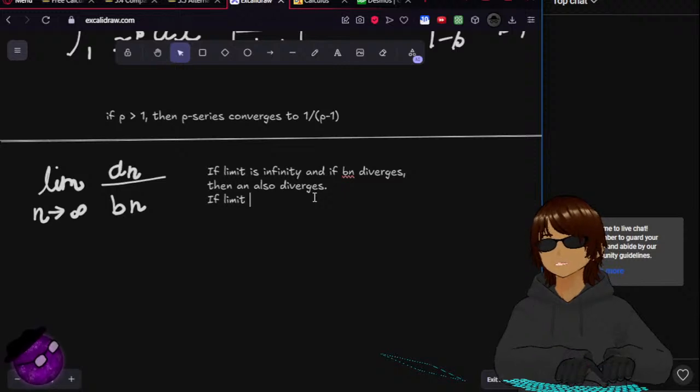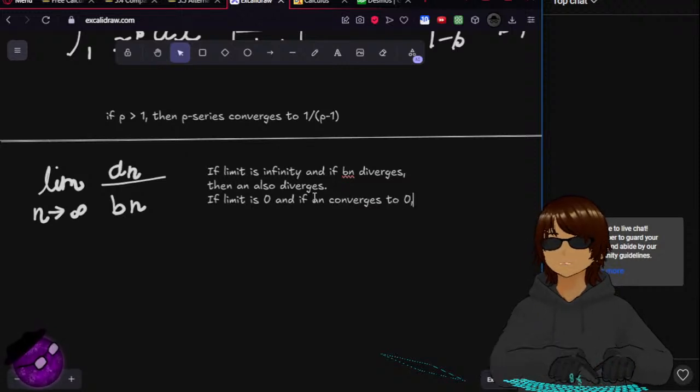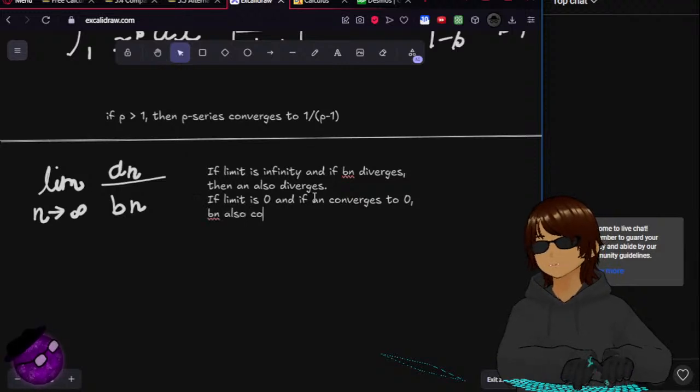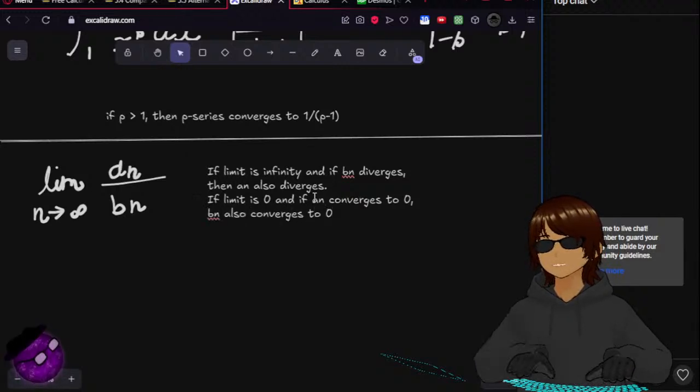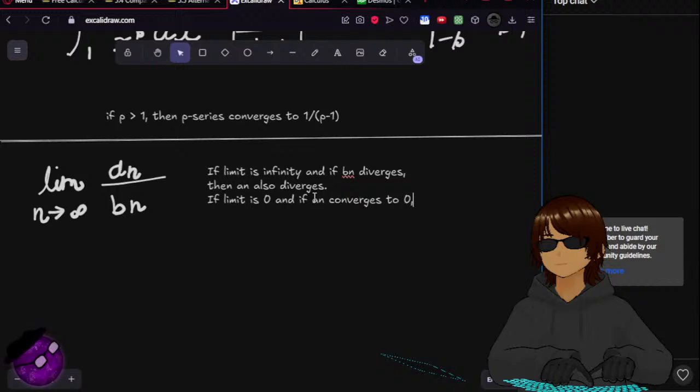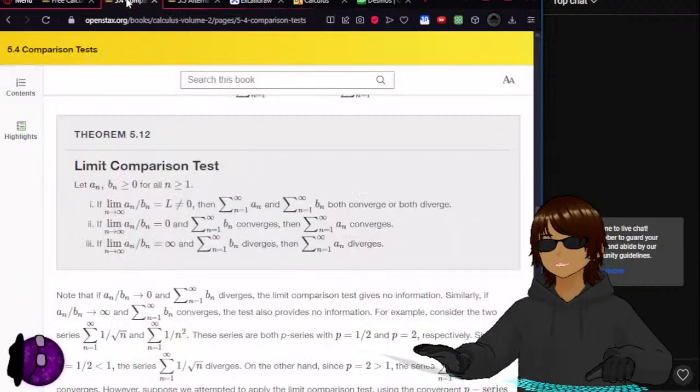If limit is 0 and if an converges to 0, nope. Yeah, I think an converges to 0, then bn also converges to, no, that doesn't make sense. Yeah, let me see if I'm right.